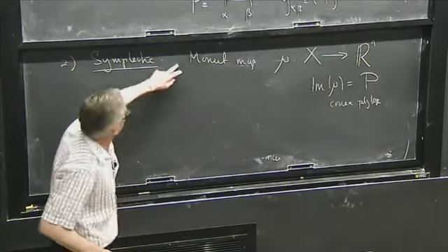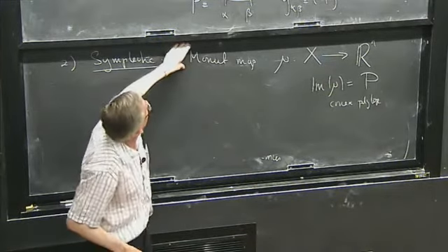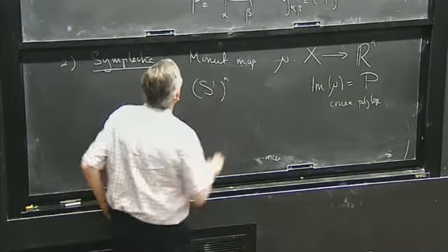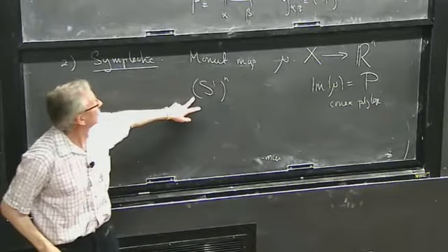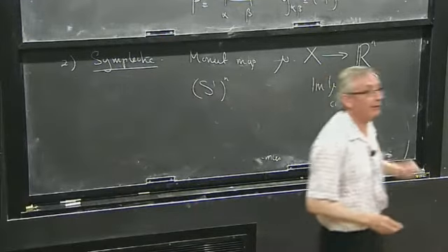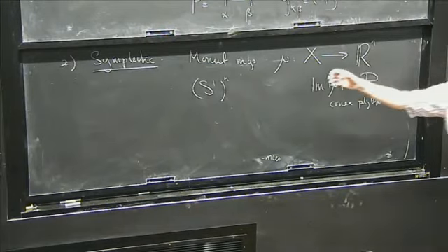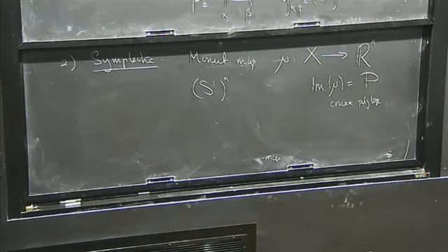This moment map just means, if you like, we've got (S^1)^n. For each circle action, we have a Hamiltonian, this is the same content, and we can put all those Hamiltonians together to get a map into R^n.